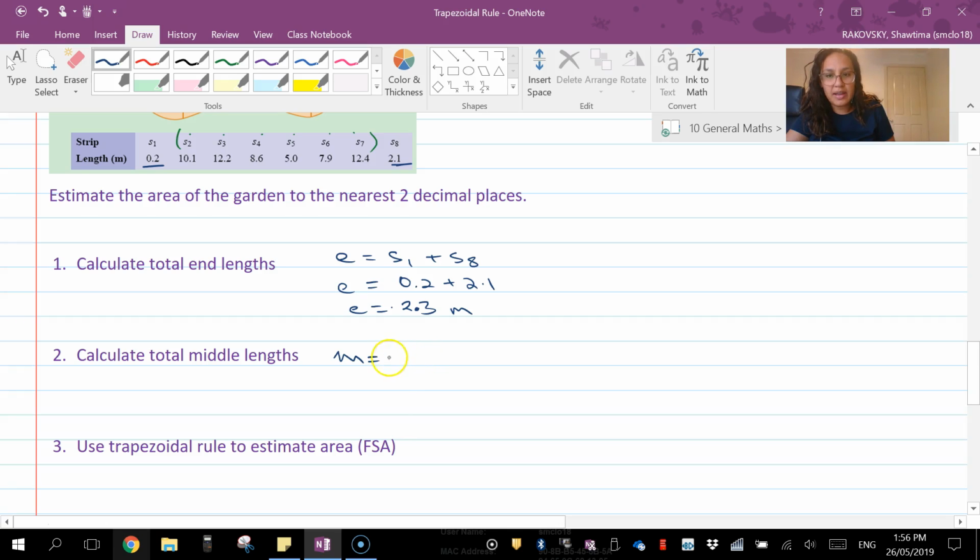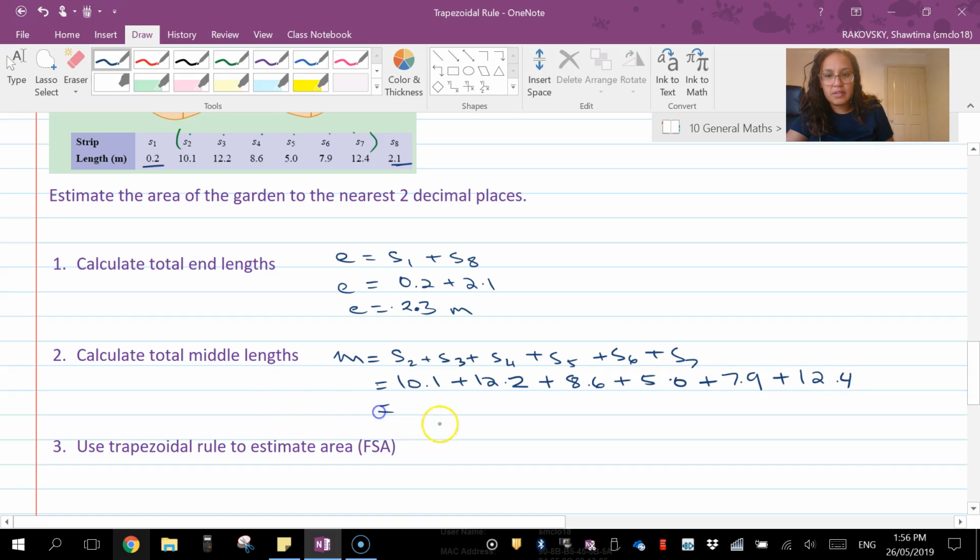S2 plus S3, and so on up to S7, and those add up to 56.2 meters. Then I'm going to use my trapezoidal rule.